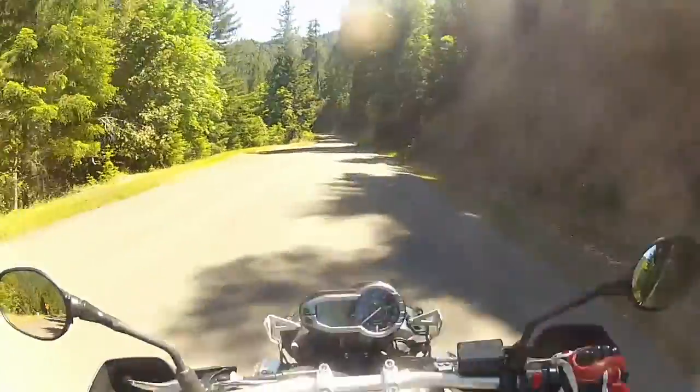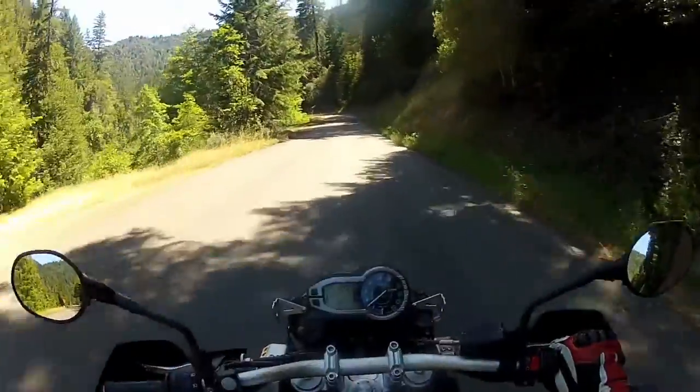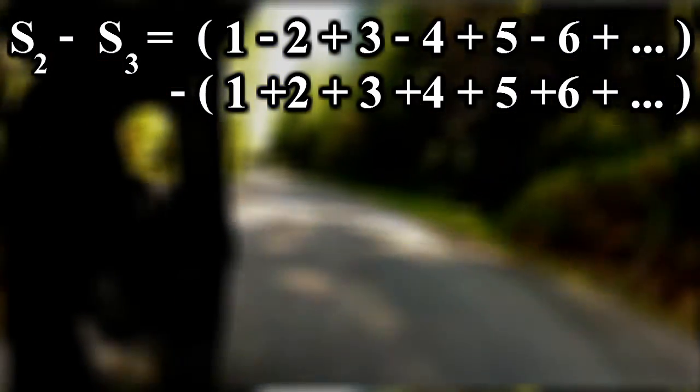S3 is the one we're very, very much interested in. Okay, so now that means it's 1 minus 2 plus 3, minus 4, plus 5, minus 6, etc., etc., etc. Minus parenthesis 1 plus 2 plus 3 plus 4 plus 5 plus 6. Okay. Let's distribute that negative.